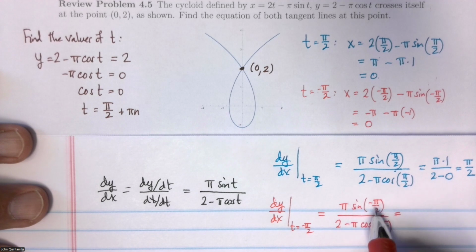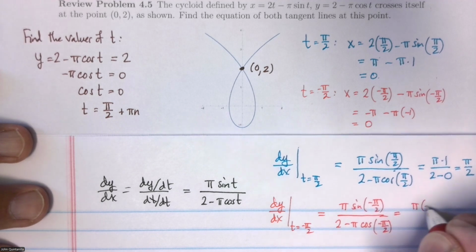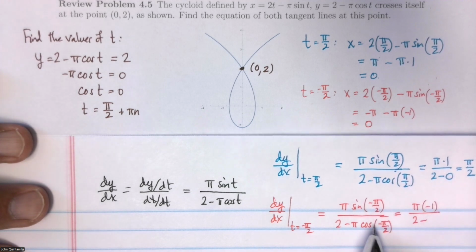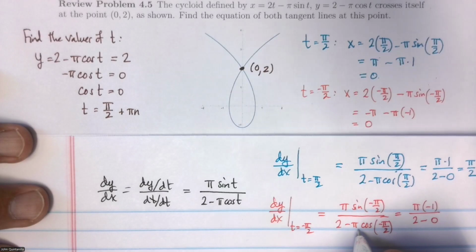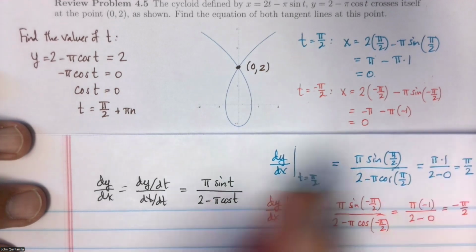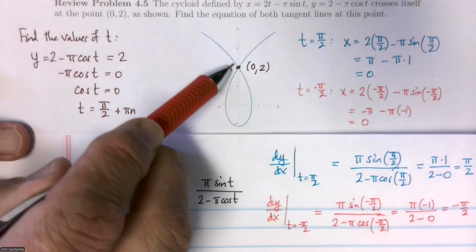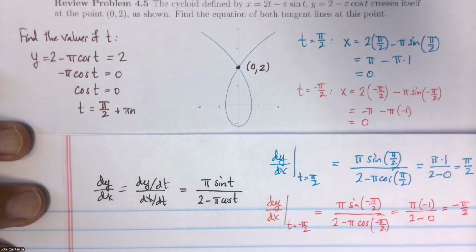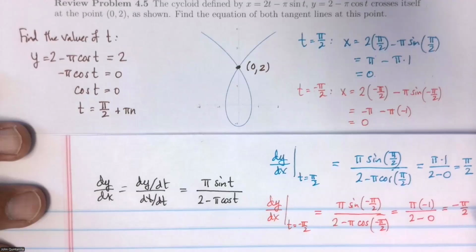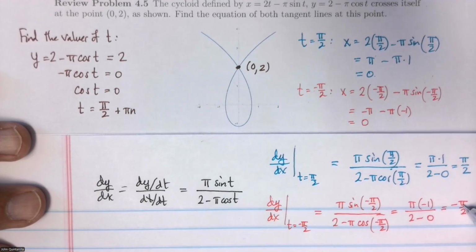Okay, now the sine of negative pi over 2 is equal to negative 1. And 2 minus pi times the cosine of negative pi over 2, that's again 0, so the times pi doesn't change anything. And so this works out to be negative pi over 2. And so the slope in this direction works out to be negative pi over 2. So for the two tangent lines, we're going to have slopes pi over 2 and negative pi over 2.